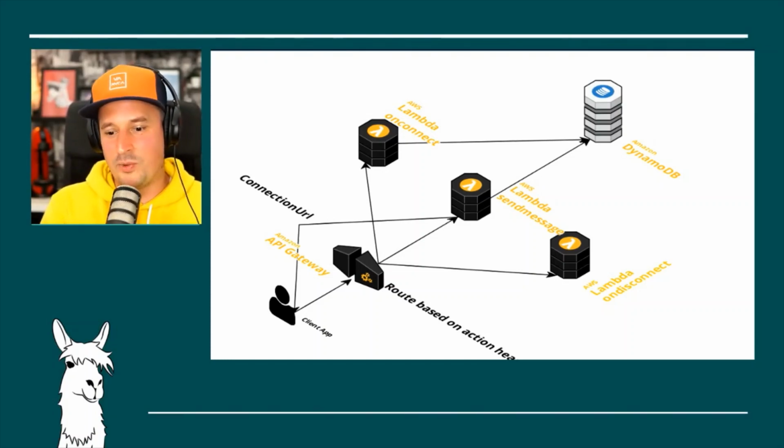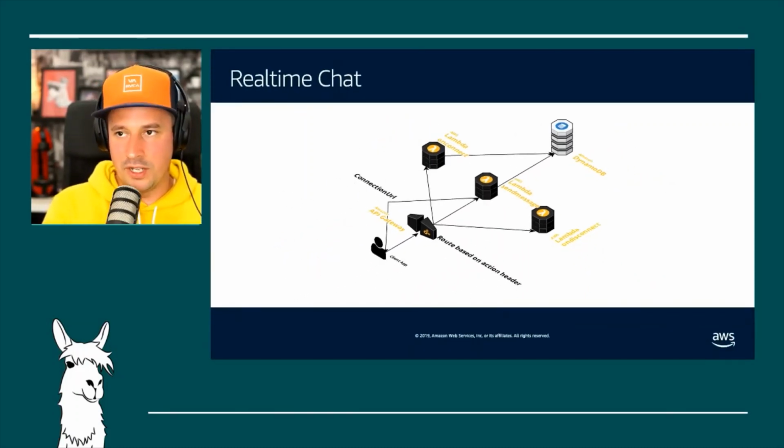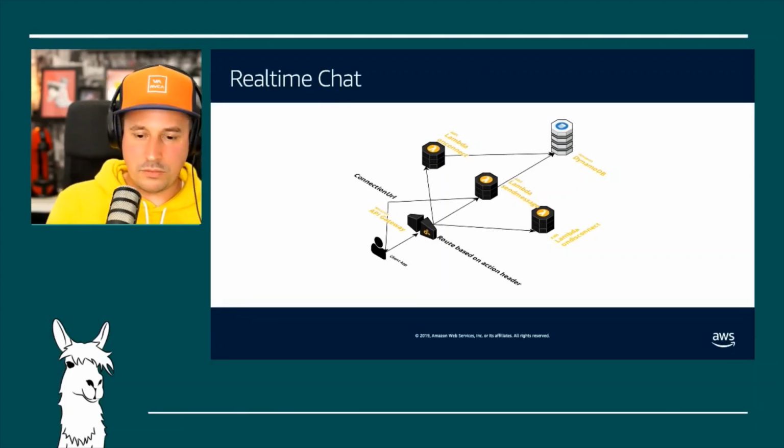So this service, every time I use it, costs me well under $1, and sometimes not even that, depending on if I'm still on the free tier. Whereas when I do the demo the other way, it costs me a lot more money. So you can build a lot less expensive and more highly scalable real-time applications using this architecture, even though it's a little bit more cumbersome, I guess.